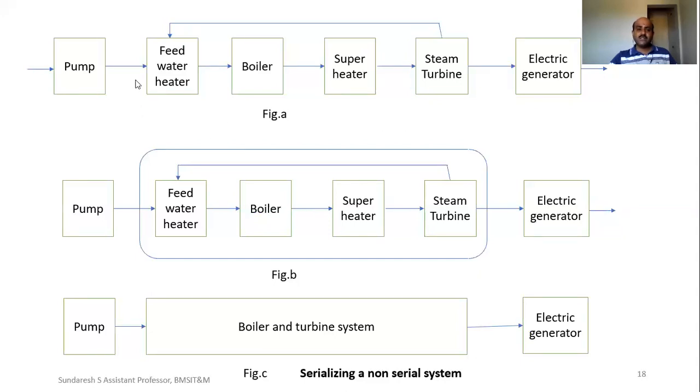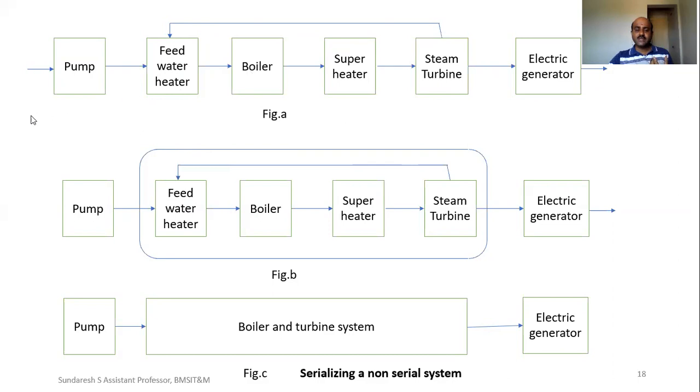So when we look at this system, the steam power plant here, some amount of heat will be taken out by the steam turbine to heat the feed water once it is being pumped, once it needs to be pumped to the boiler. In the sense, some amount of heat energy will be used to heat the feed water in the feed water heater. So this will form a non-serial system. Okay, so we can see this figure A.